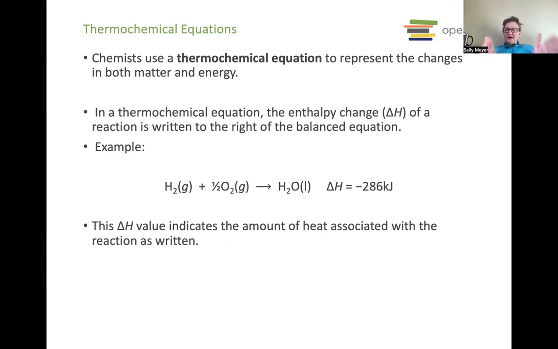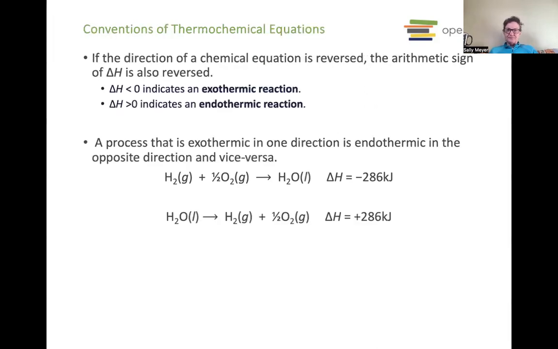However you balance the equation, the delta H goes with that. So this thermochemical equation means that 286 kilojoules of heat is released from the reaction when 1 mole of hydrogen gas reacts with 1/2 mole of O2 gas to make 1 mole of water.